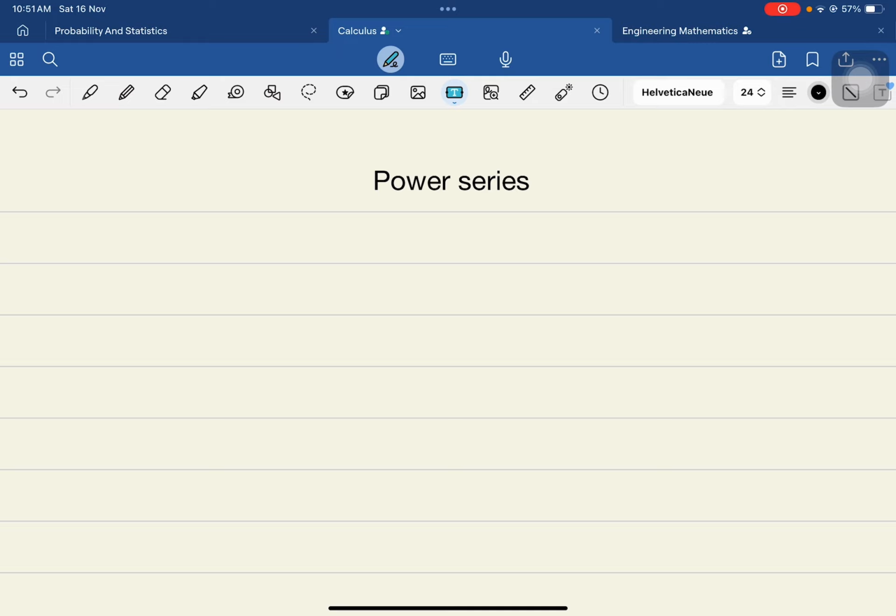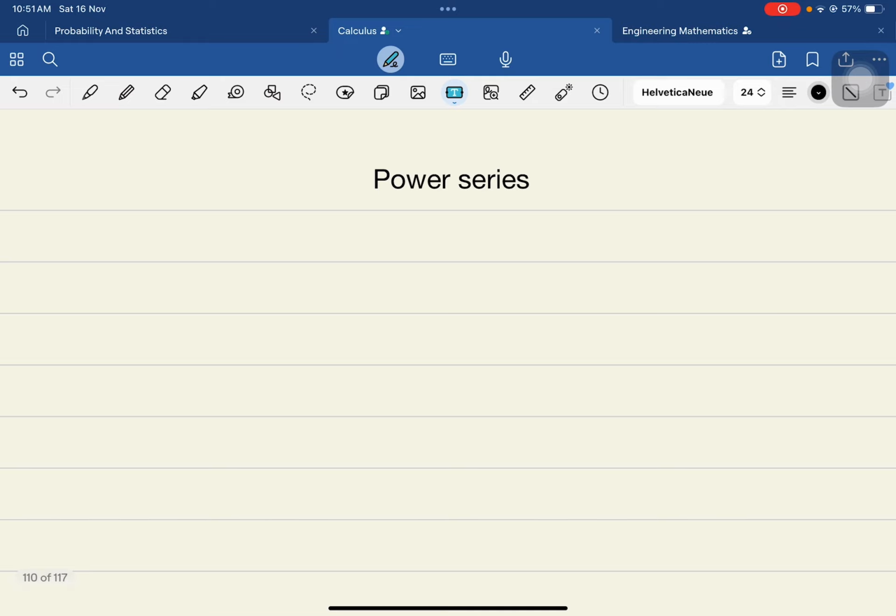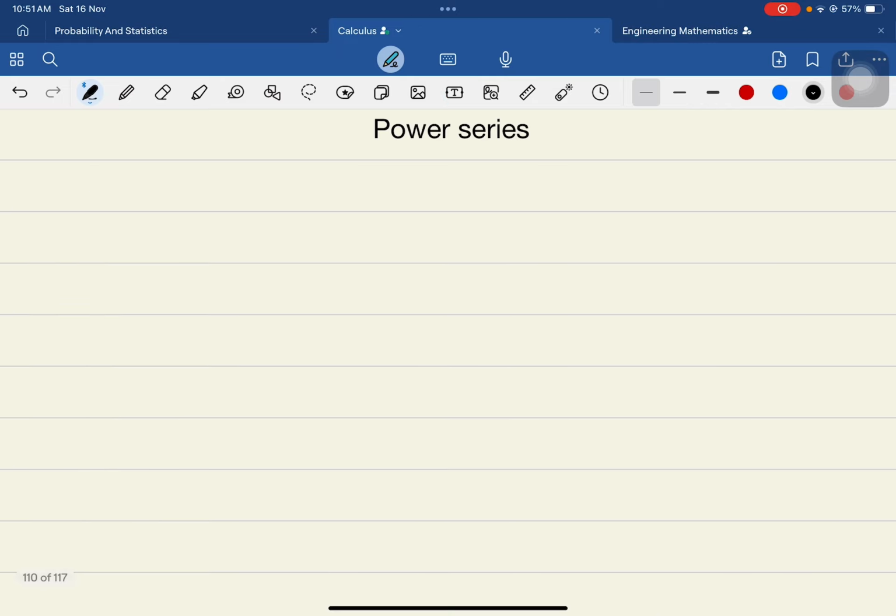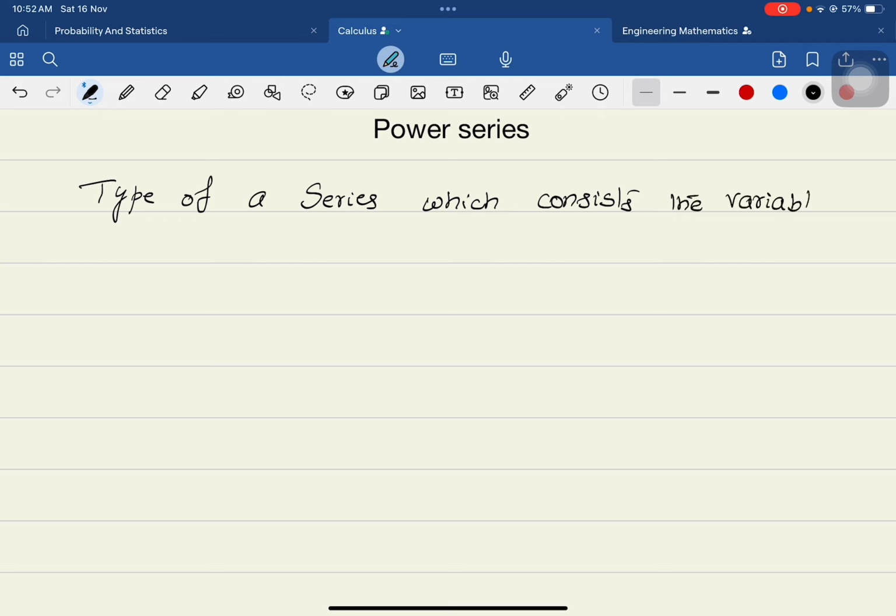What is meant by the power series? It's another type of series, an infinite series, which involves a variable.